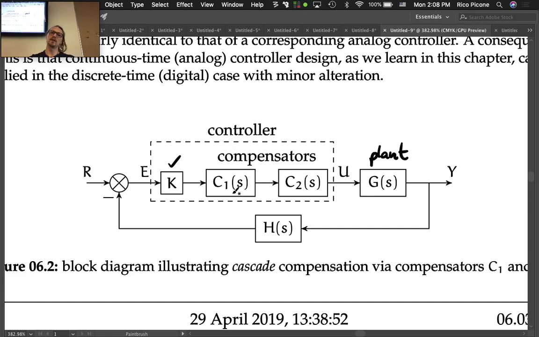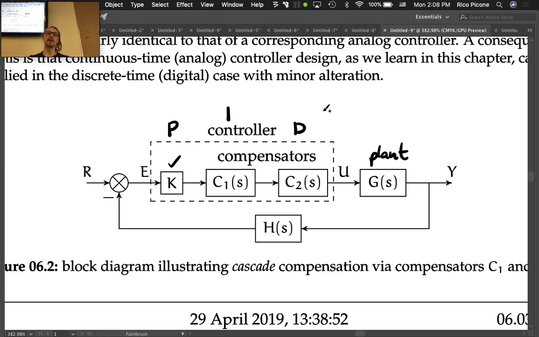is to do some compensation. So say we did the gain, which is our P control. Then we might do an integral compensator, which we'll learn about today. So that would be C1, this block, this compensator, which would be the integral, or the I control. And then we might add another compensator in, say the derivative compensator, and that would be our D compensator, our derivative control.